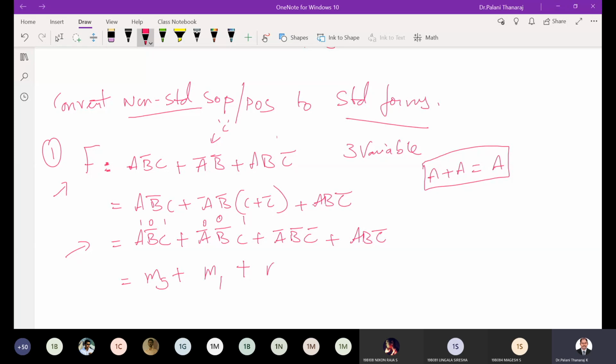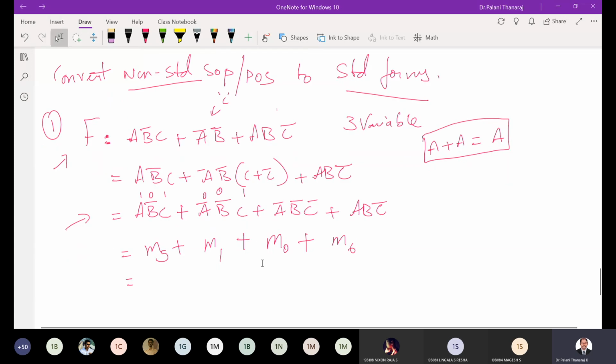M0, very good, Kishore. So M0 plus, then what is the next one? A, B, C bar. What is that? Very good, Krishna. So M6. That's all. Just rearrange in proper order. So it is M0 plus M1 plus M5 plus M6.